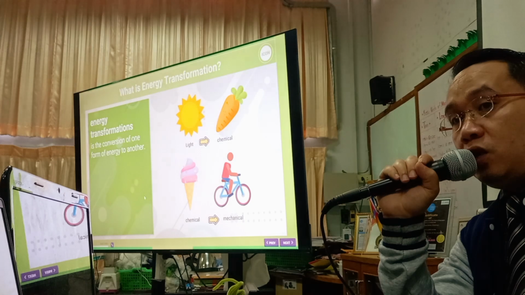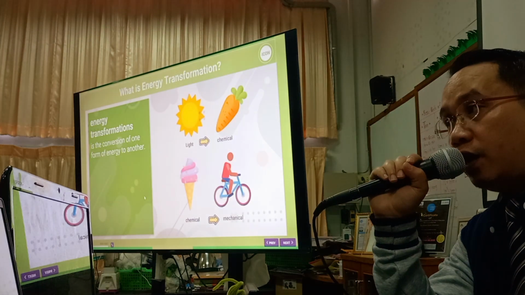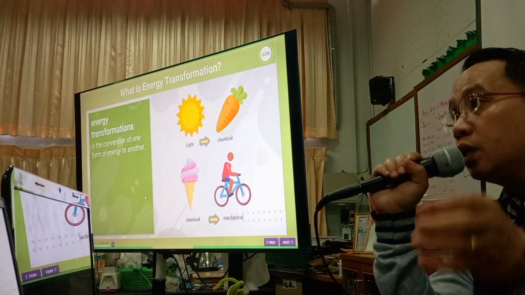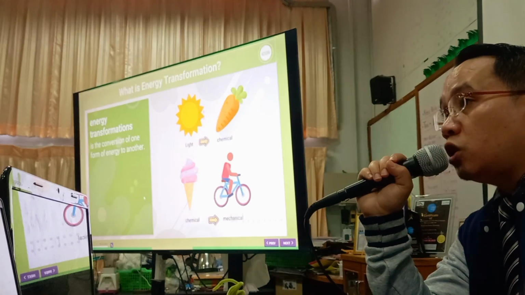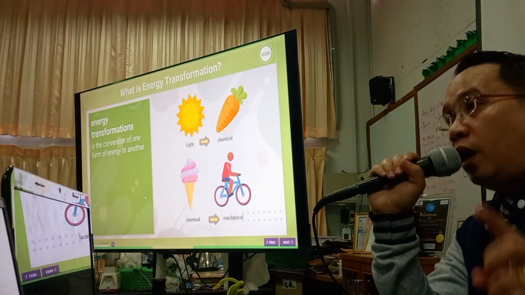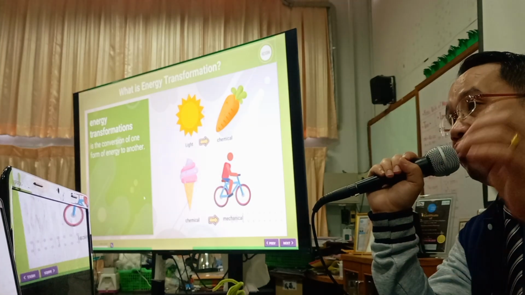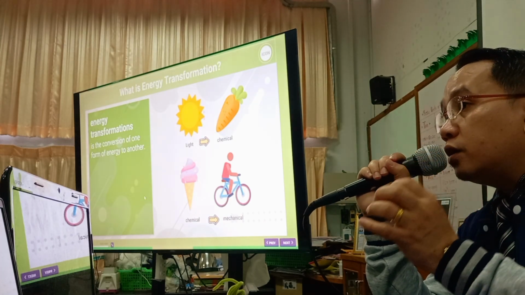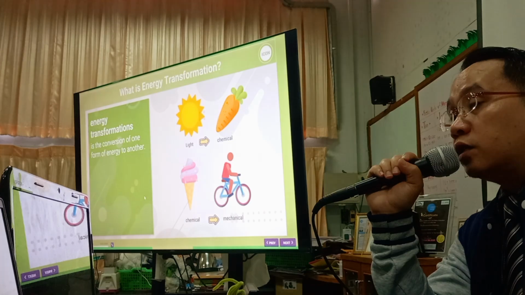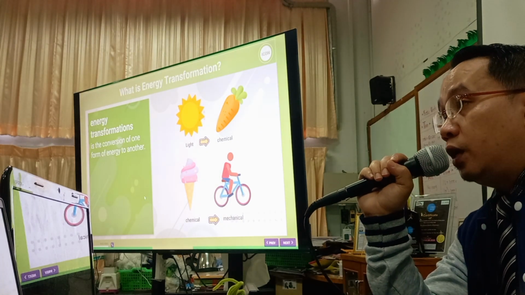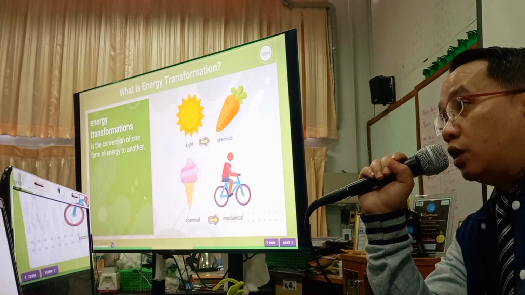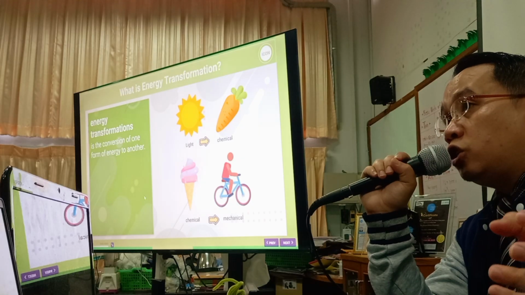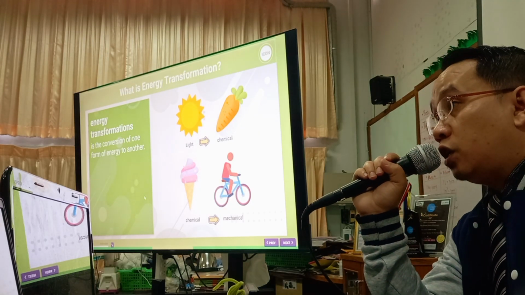So, energy transformation is the conversion of one form of energy to another. The word conversion means creating a new form or changes from one energy to another. For example, converting heat energy to light energy, heat energy to electrical energy, light to sound energy, and chemical energy to heat energy.